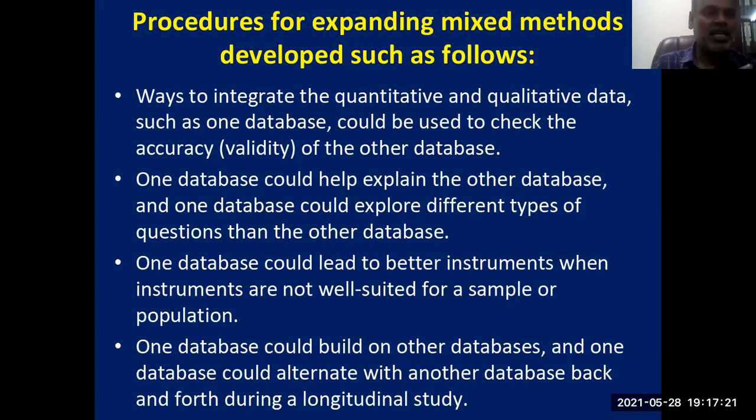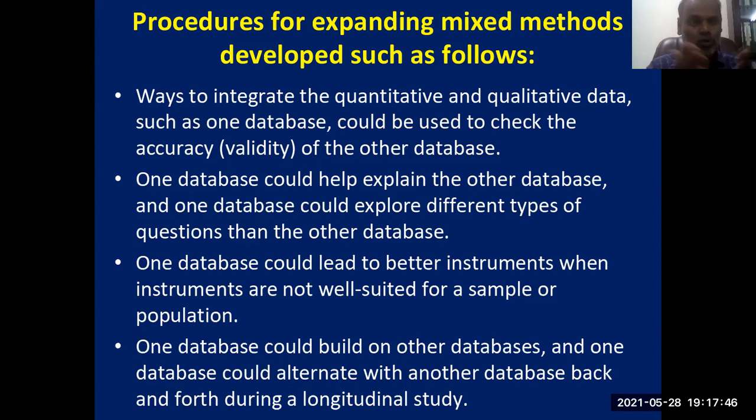For example, you can check the data which you collected from quantitative against qualitative. If you are going with the mixed method, you are getting more valid data, because there is a possibility of checking both qualitative and quantitative using different research methods. So one database could help to explain the other database also.